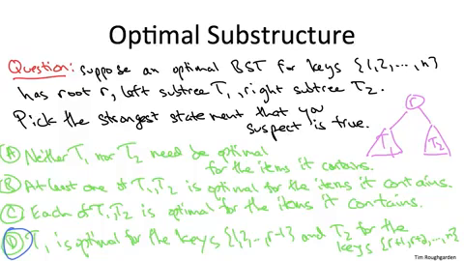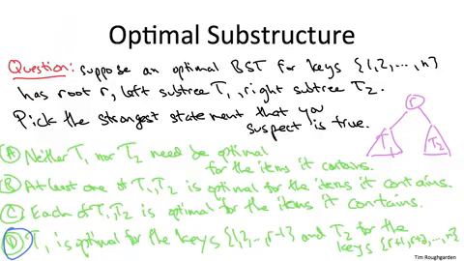We can say something stronger than that. But we can even say something stronger than C, that each of the two trees is optimal for the items that they contain. We actually know exactly which items are in T1 and which items are in T2. And this is by the search tree property. The search tree property says that at every node, and in particular here at the roots, everything to the left of the root is less than it, everything to the right of the node is bigger than it.